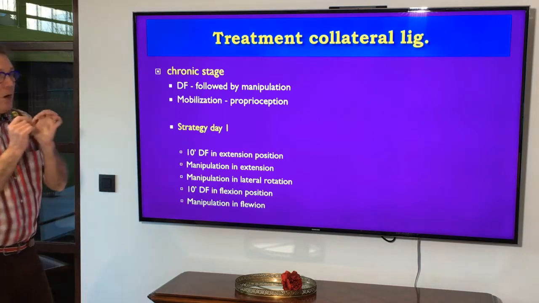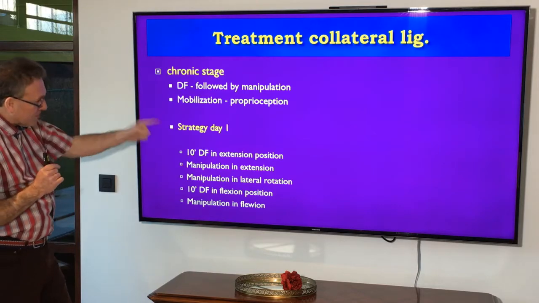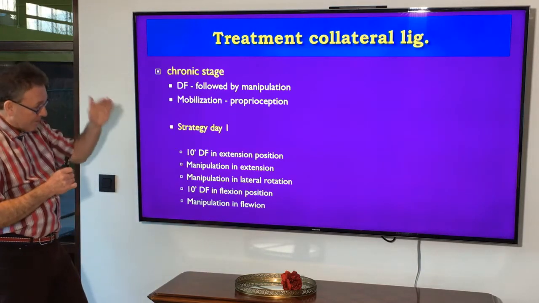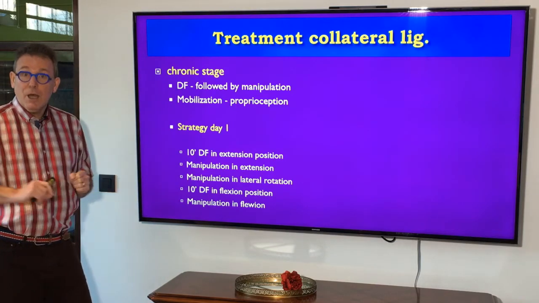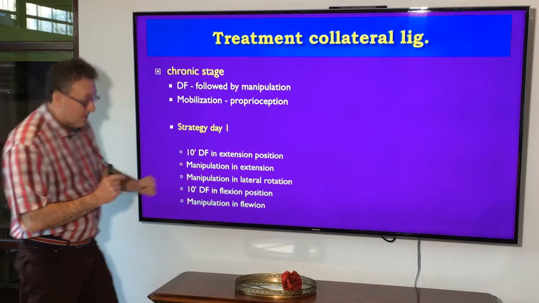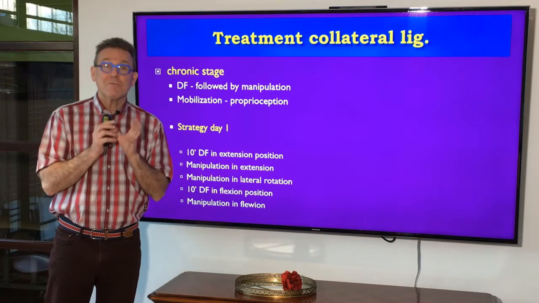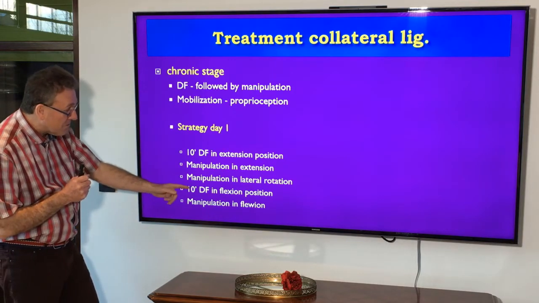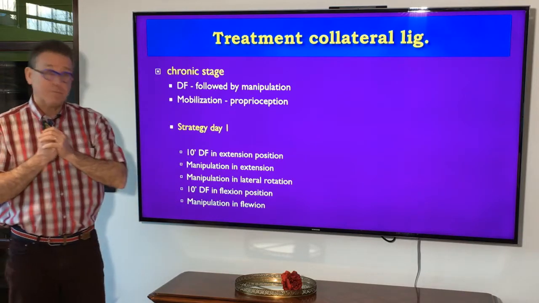Well, what are you going to do when it comes to therapy? First, you do 10 minutes of deep friction from an extension position. Then you manipulate once in extension. You manipulate once in lateral rotation. Those were the tests which were just painful in the clinical image. Then you do 10 minutes of deep friction from a flexion position, and then you manipulate in flexion.